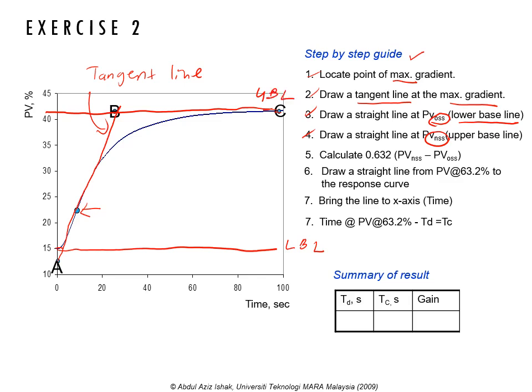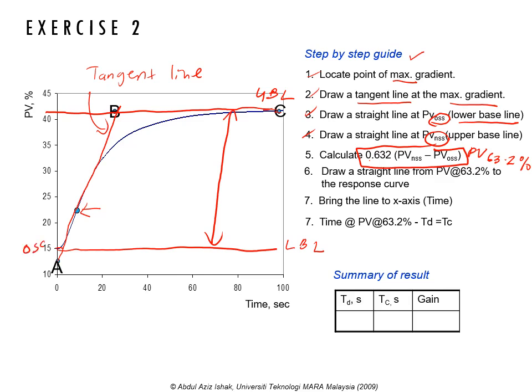Upper baseline at the PV at the new steady state value, and then you need to calculate the PV at 63.2%. So you need this formula. How do we find it? You need to find the value. Locate the PV at PV at NSS minus PV at OSS.